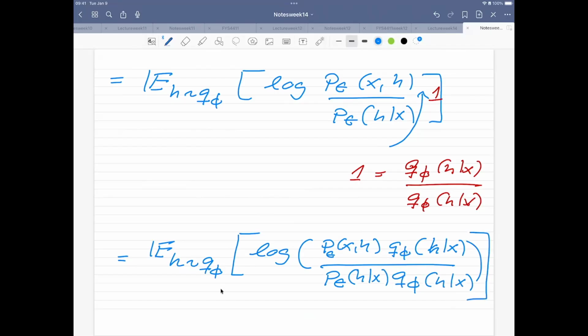Okay, so this is something which we then are going to rewrite in terms of one term which contains the Kullback-Leibler divergence. You can now see that when we have the logs here, we can rewrite this in terms of 2 or more terms. So let me just write that one down.